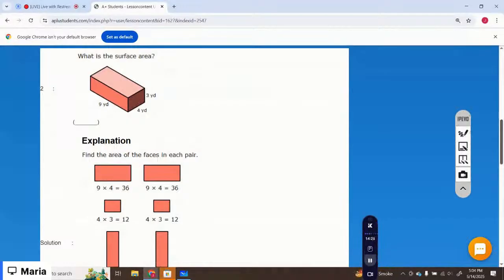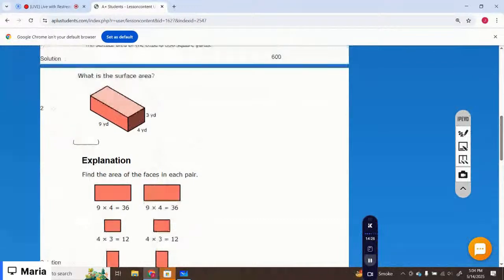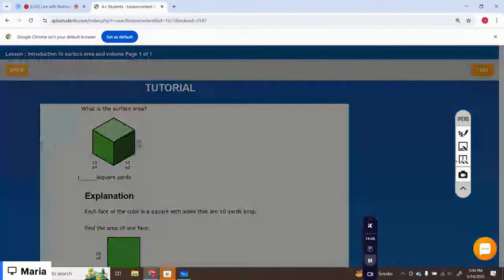So just add the surface area of all the faces, then you can have the surface area. Okay, let's just start with the test questions.